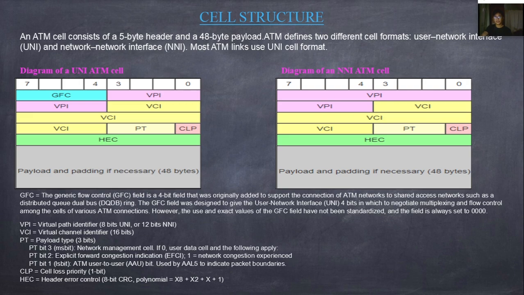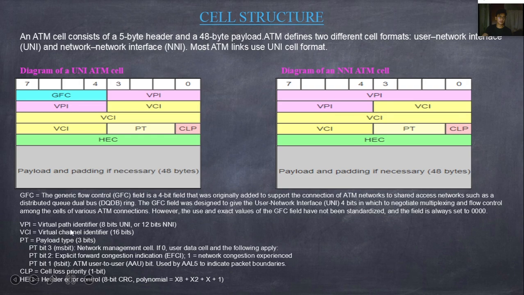The GFC field was designed to give the user network interface, or UNI, 4 bits in which to negotiate multiplexing and flow control among the cells of various ATM connections. However, the use of exact values of the GFC field has not been standardized, and the field is always set to 0.